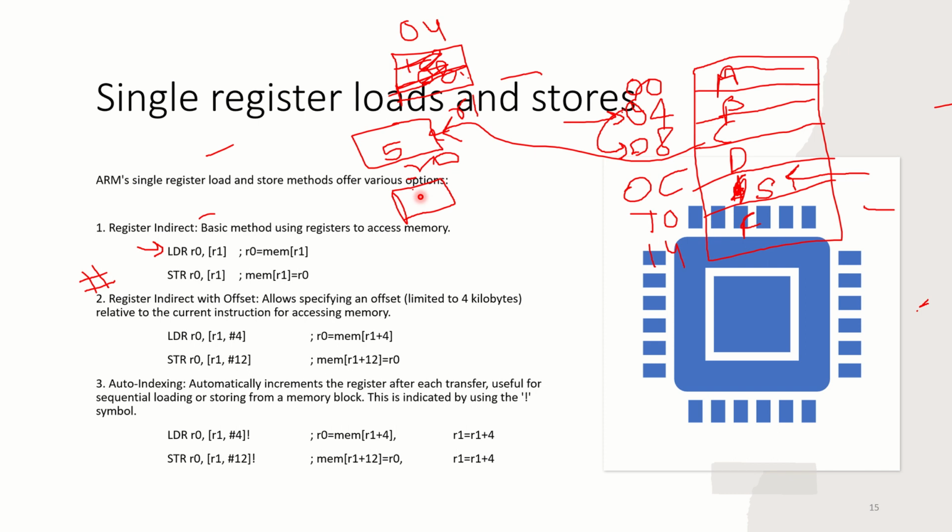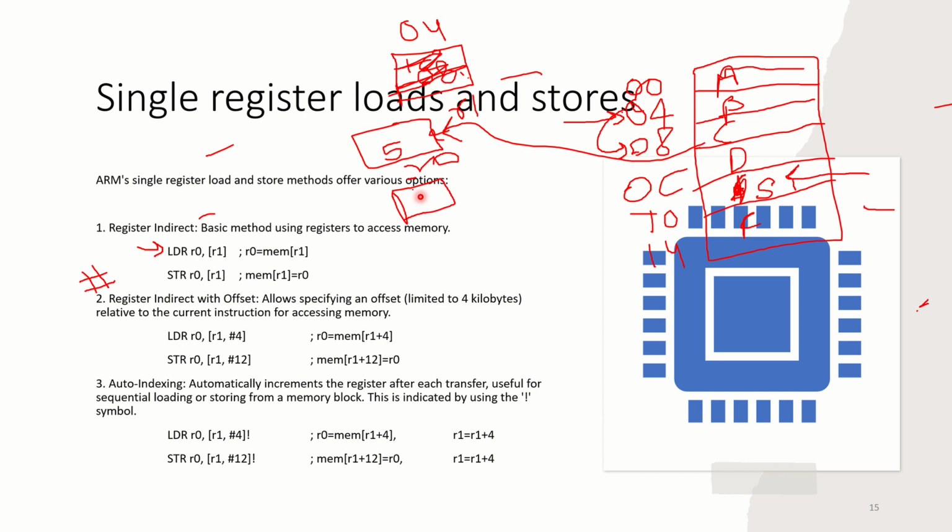Once you load, R1 is automatically updated to the next location. Initially R1 is storing 04. Then if I load this value into a register, R1 content is automatically updated to 08. That's the flexibility provided by auto indexing.